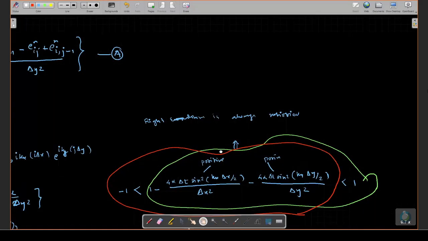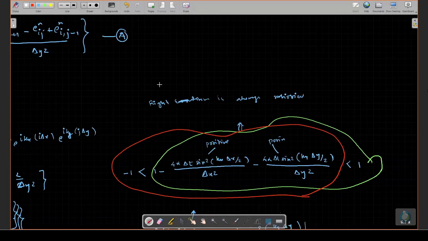This is a condition that minus 1 is less than 1 minus the first term and minus the second term, so we can write this equation in this fashion.